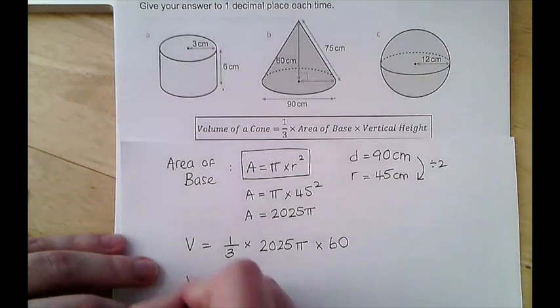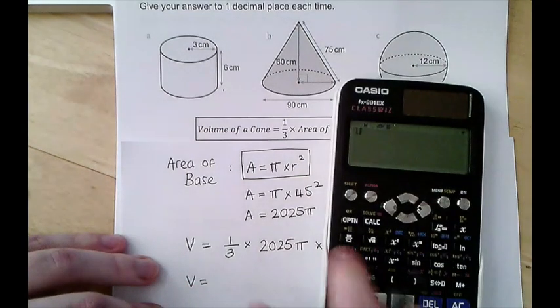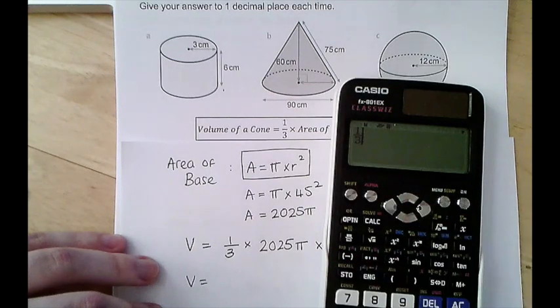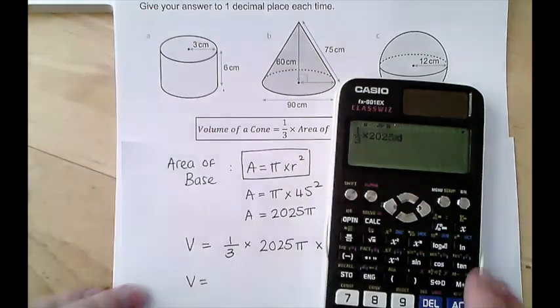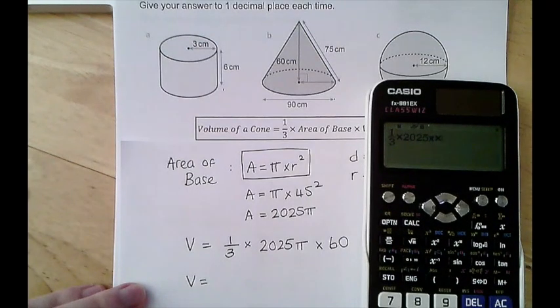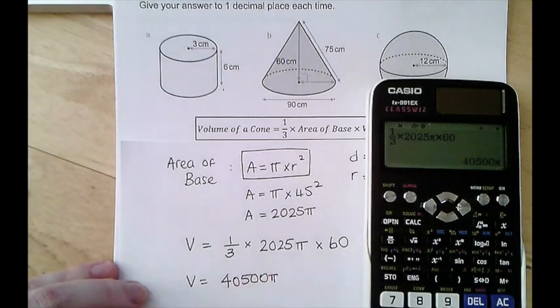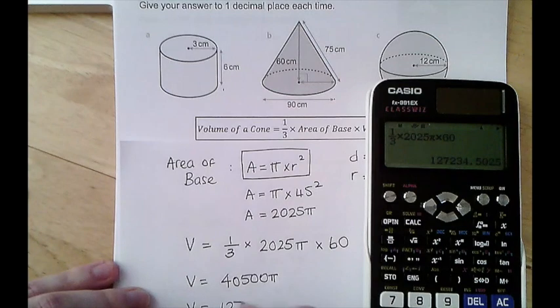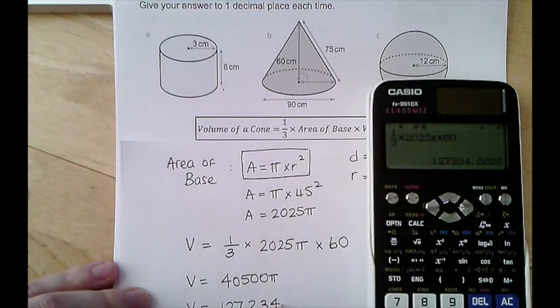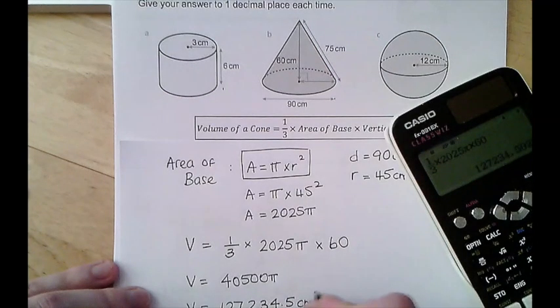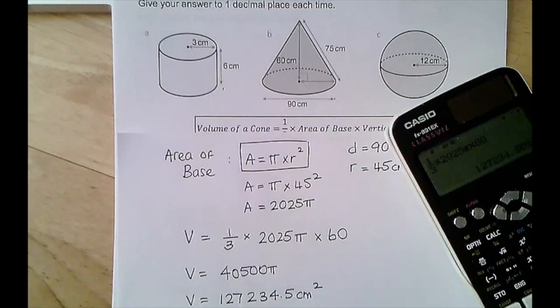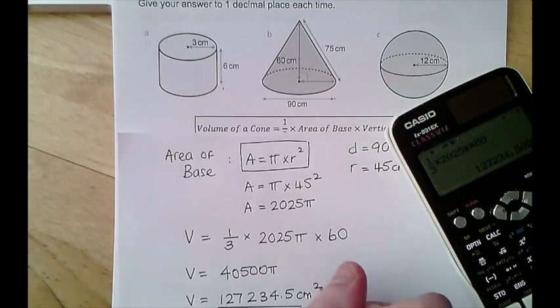So therefore the volume is 1/3 multiplied by 2025 pi multiplied by 60, which is 40,500 pi, or 127,234.5 centimetres squared. Sorry, centimetres cubed.